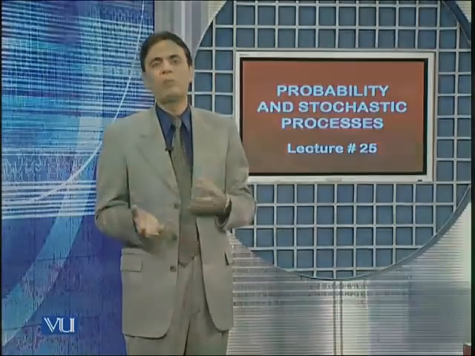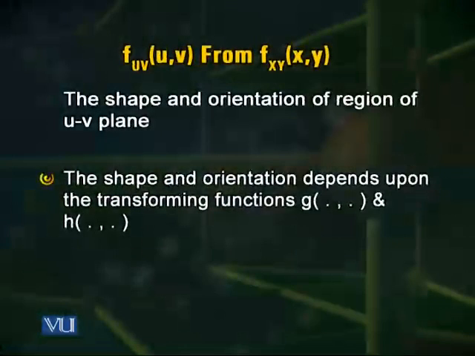So depending upon the two transforming functions g, which defines u in terms of x and y, and h, which defines v in terms of x and y, the shape, location and orientation of different events gets transformed from the xy plane to the uv plane.